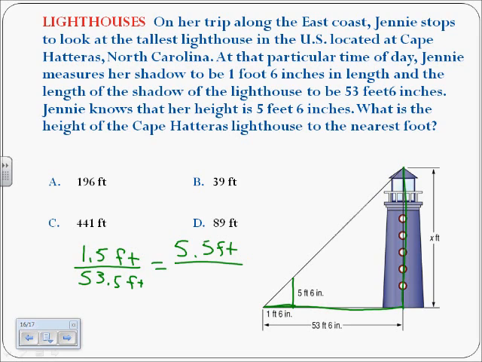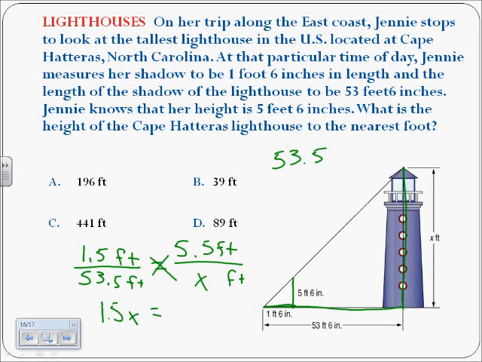And we do not know x feet for the lighthouse. We can cross multiply here. And we have 1.5x is equal to 53.5 feet times 5.5.